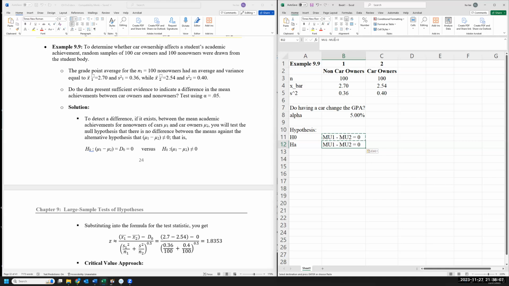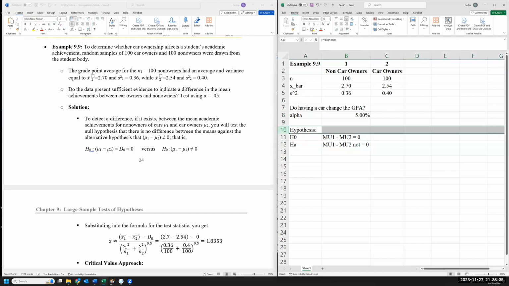Okay. And then for the alternative hypothesis, it's going to be that the difference in the population mean GPA for non-car owners and the car owners is not equal to 0. So there is a difference. That's the alternative. Okay.